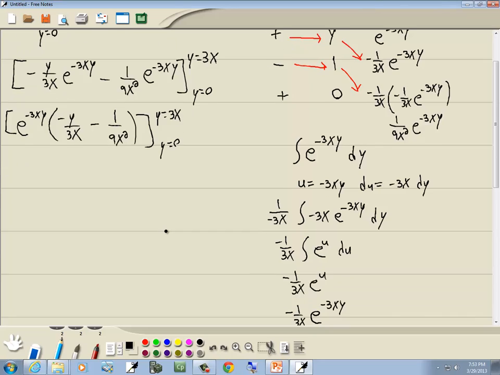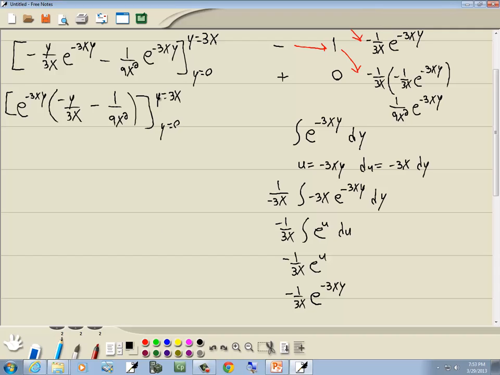And again, we're replacing the y, so let me first plug in the 3x. So this becomes e to the negative 3x times y, which we're putting in 3x. And then replacing the y here, so this becomes negative 3x over 3x minus 1 over 9x squared.